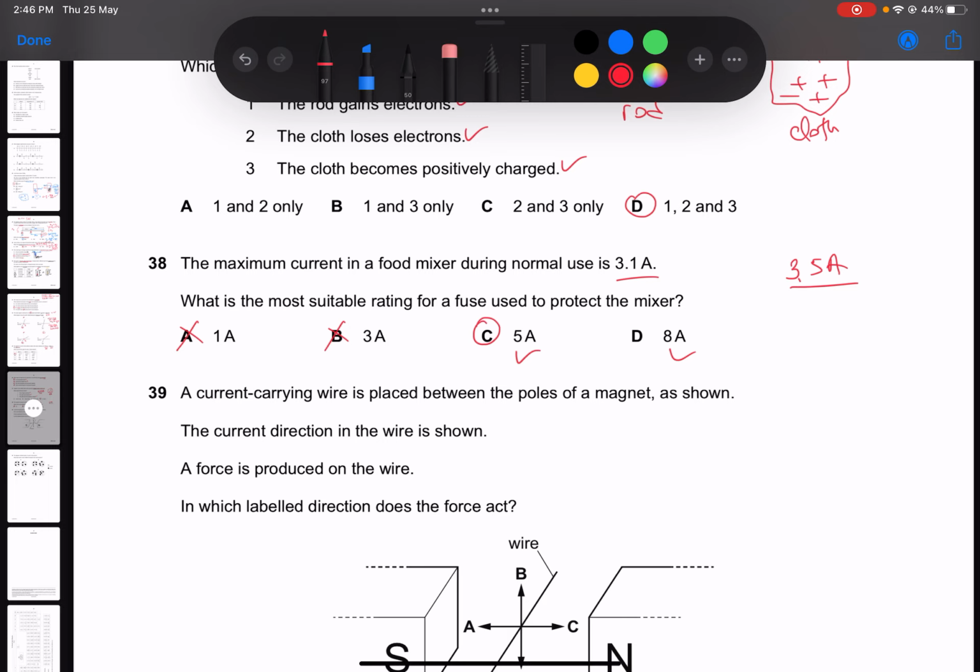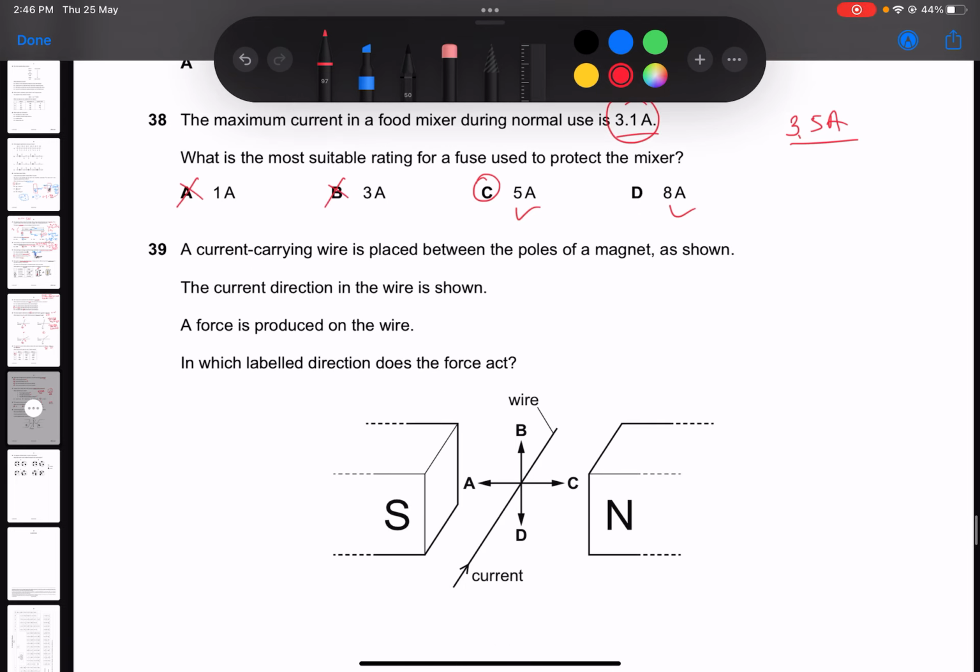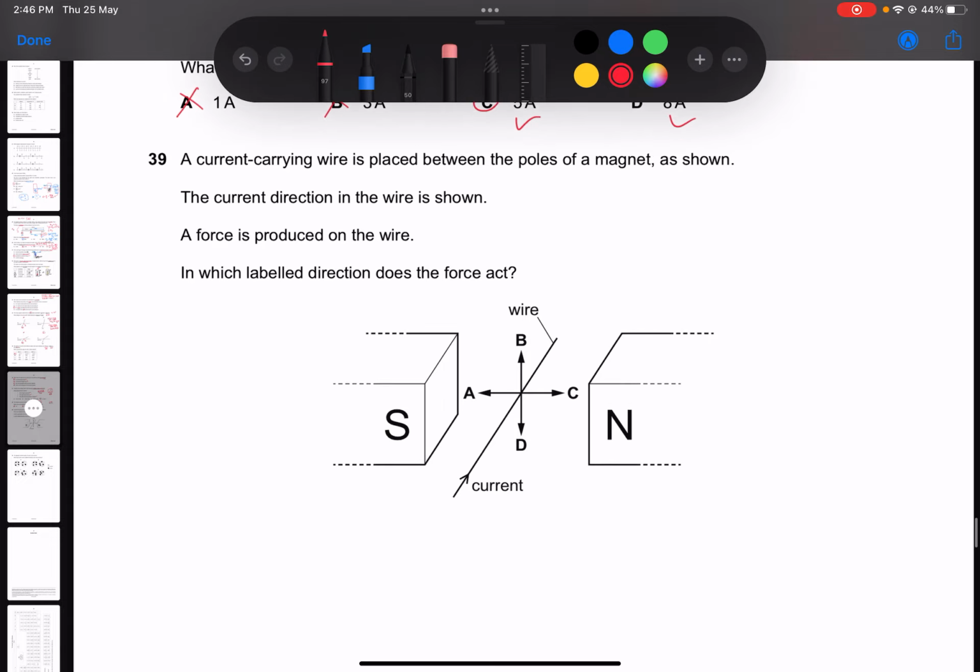It would perfectly protect your device, because when your device gets very high current, it's going to be damaged. Imagine you put an 8 ampere fuse in your mixer, it will allow 7 or 8 to pass, but your device needs only 3.1. Slightly higher, it will rotate faster, it's okay, but very high, it's definitely going to damage it. So it should be higher than the required amount, but very close to that amount. So among the choices it's going to be 5, so it's C.